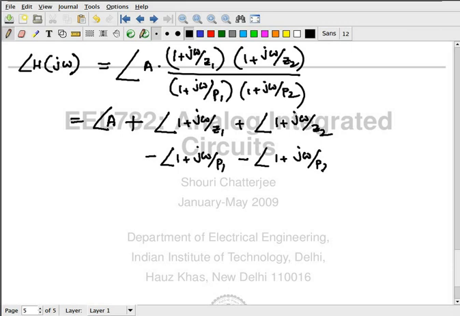Okay, this is fine so far so good. Now, let's say omega is much smaller than P1, P2, Z1, Z2. What is the angle of phase? 0. I might as well delete it. Okay, so when omega is much smaller than P1, P2, Z1, Z2, the phase is 0 degrees.